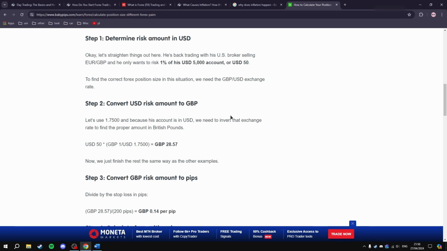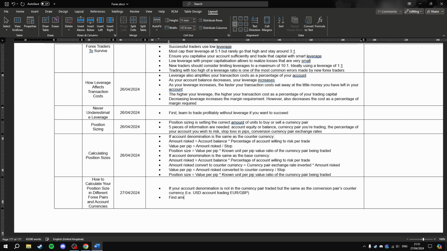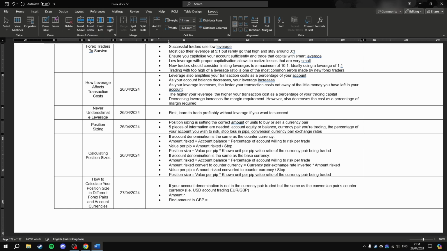Let's use 1.75, and because his account is in USD, we need to invert that exchange rate to find the proper amount in British pounds. So we need to find amount risked. Amount risked is equal to account balance times percentage of account willing to risk per trade.